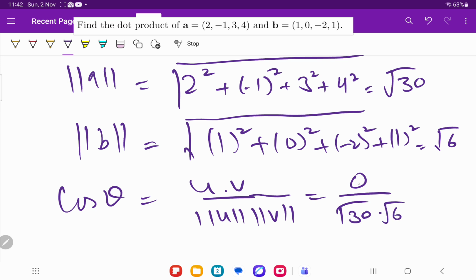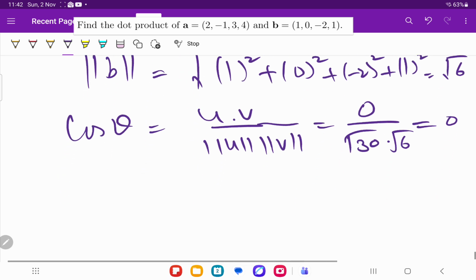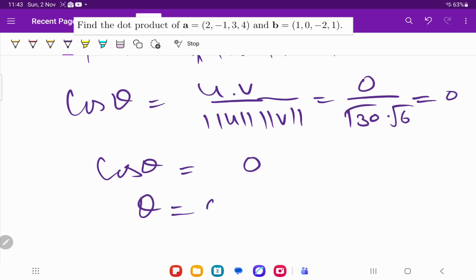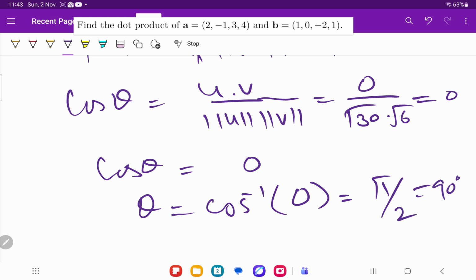When the numerator is 0, the whole thing is 0. So cos of theta equals 0. So theta, cosine inverse of 0, is pi by 2. Pi by 2 is equal to 90 degrees.